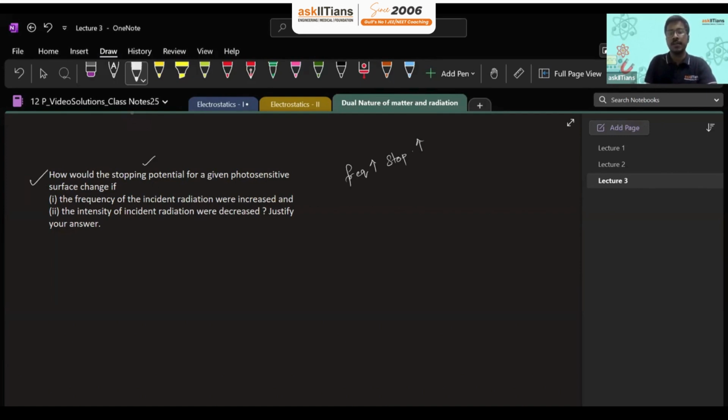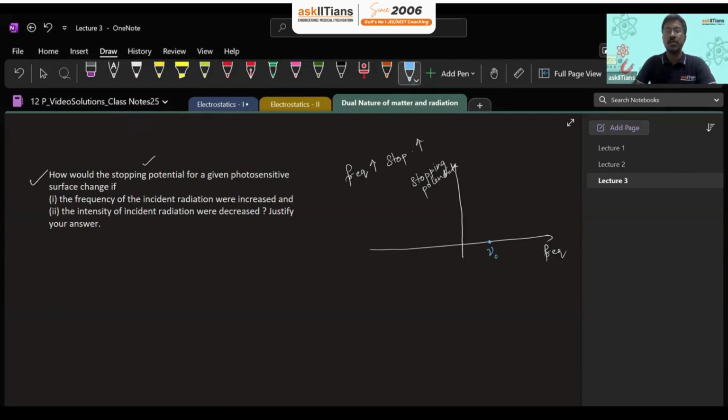So we have seen that in a graph like this. So for stopping potential versus frequency, the stopping potential will start to increase once the frequency is above a certain value of frequency, which is called the threshold frequency.